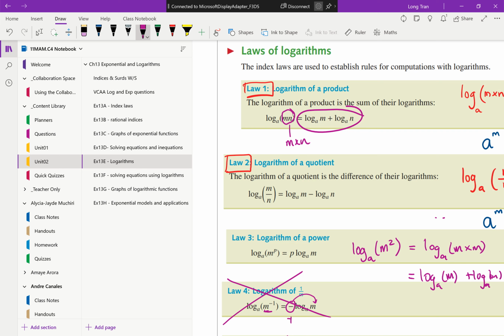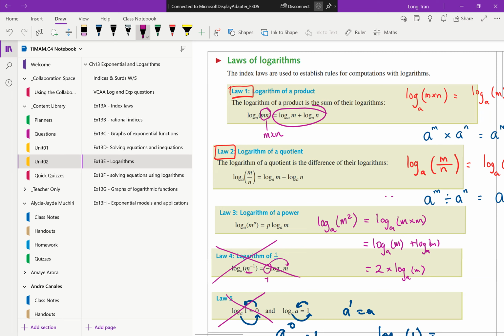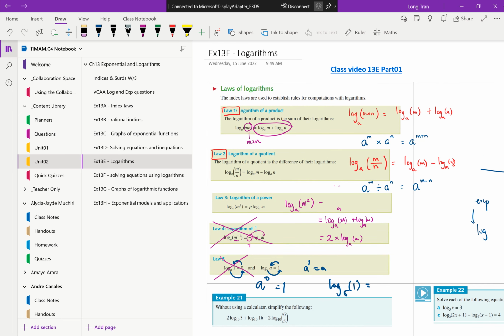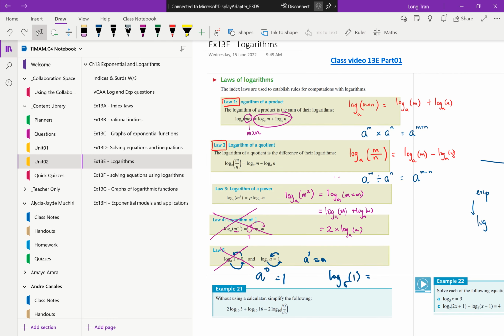Which is why if you're adding 2 of the same logs, you would say, I've got 2 groups of log a of m. Correct. And that then becomes the rule. True? Very good. So maybe if you understand it to that level, you only need to understand law number 1 and law number 2. And then that's it. True? All right, so now you've got, actually maybe I should keep that there. I don't know if it confuses you guys, but you only need 3 rules for this exercise.